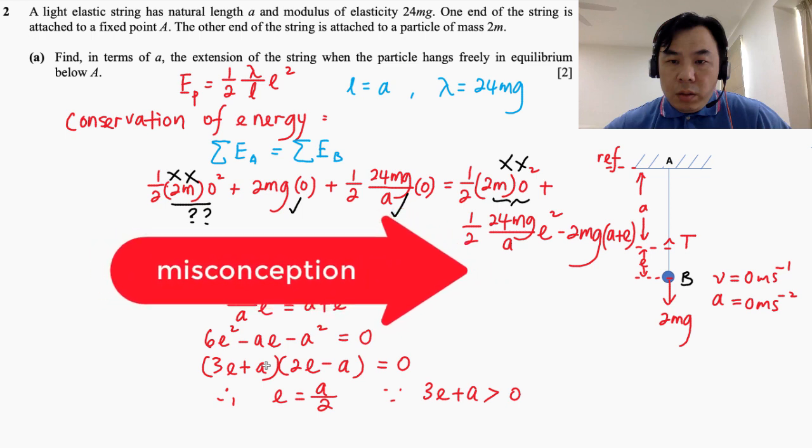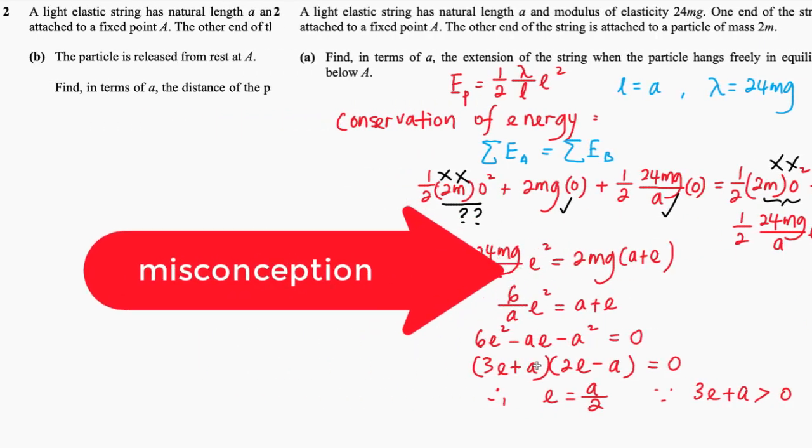So these methods fail because of lack of information. I hope that is clear. Next, I'm going to move on to section B, where we're going to reapply conservation of energy again, but with more inputs of information. Hopefully, it will be helpful. Stay tuned.